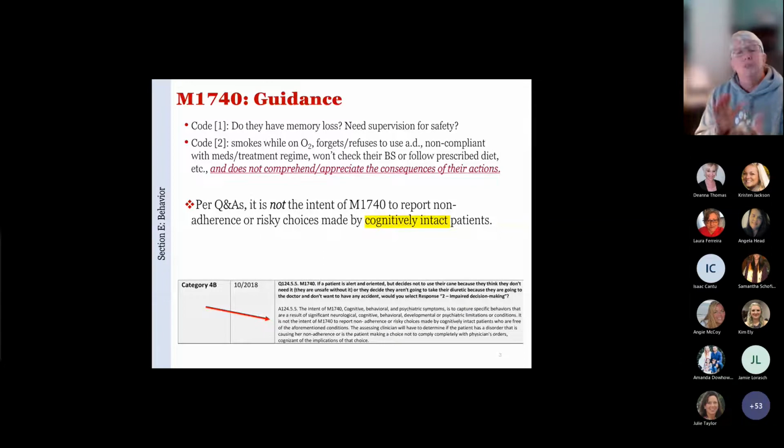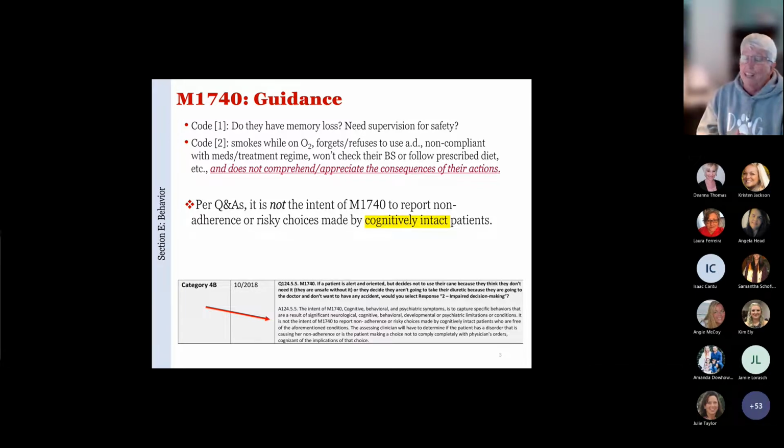Okay, so number 2. Again, I'll say this is the person when the clinicians are out there, their patients are smoking while they're on oxygen. They're forgetting or refusing to use their assistive device. They're non-compliant, whether it's meds or the treatment, whatever they're supposed to be doing, they're not, right? They won't check their blood sugars. They won't follow a prescribed diet. I mean, how many times has anybody worked in the field, you'd go out to see your diabetic patient and they're sitting there with a Sunkist and a bag of Cheetos.